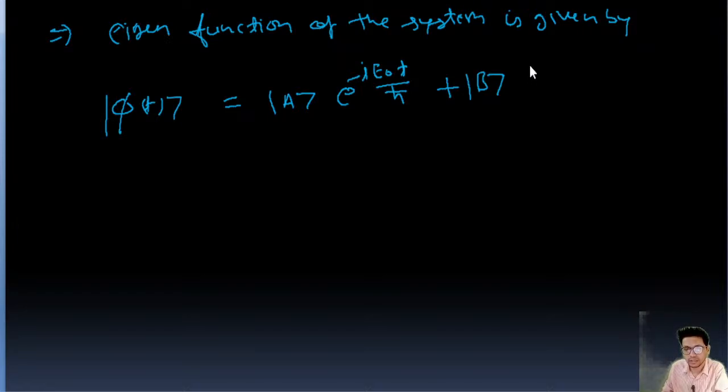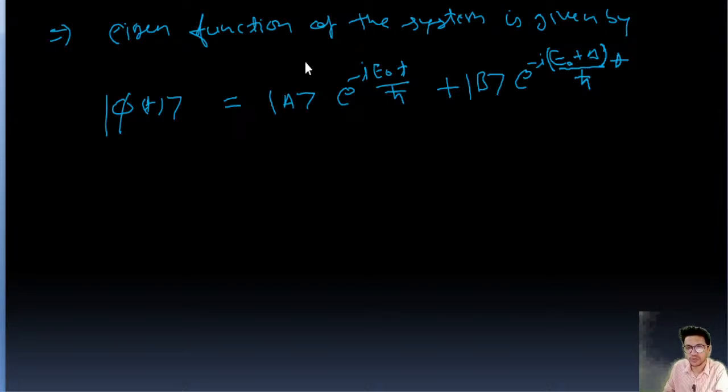These are the states, and the eigenfunction is going to be e to the power minus i E naught plus delta upon h cut into t.